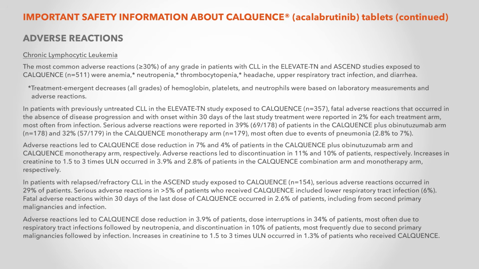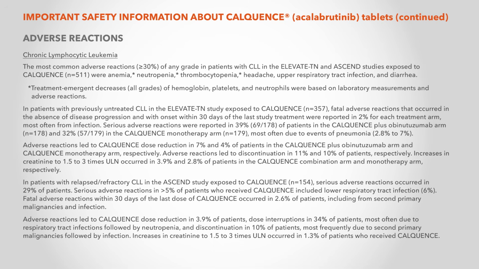Adverse reactions led to CALQUENCE dose reduction in 7% and 4% of patients in the CALQUENCE plus obinutuzumab arm and CALQUENCE monotherapy arm, respectively. Adverse reactions led to discontinuation in 11% and 10% of patients, respectively. Increases in creatinine to 1.5 to 3 times the upper limit of normal, ULN, occurred in 3.9% and 2.8% of patients in the CALQUENCE combination arm and monotherapy arm, respectively.